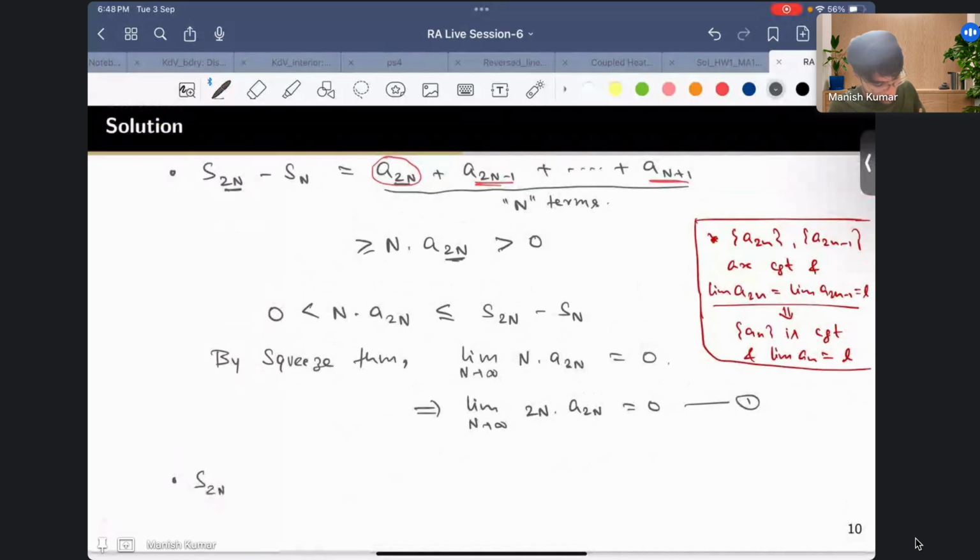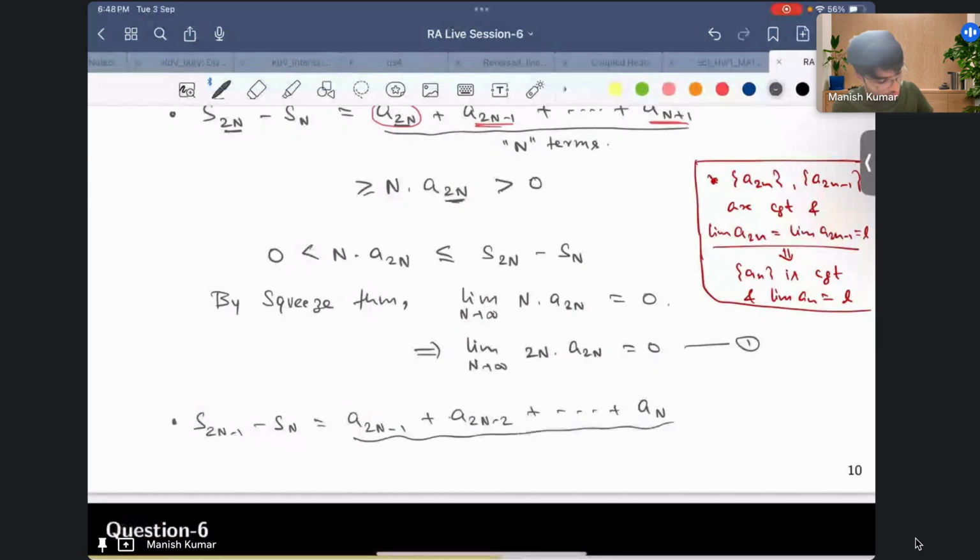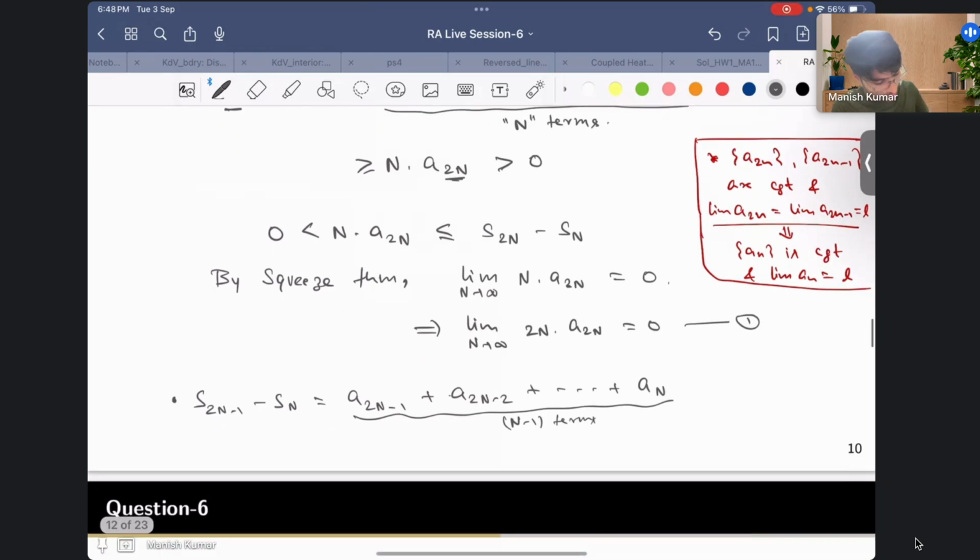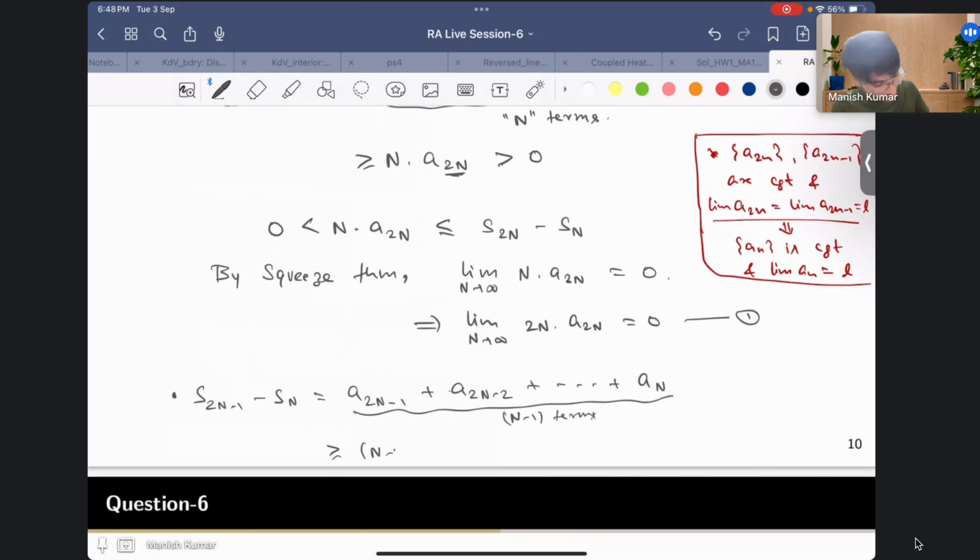So over here I'll do S_2n minus 1, and if I subtract S_n, what I get is a_2n minus 1 plus a_2n minus 2 plus up to a_n, right? Now I have n minus 1 terms. Now I can write this as n minus 1 times a_2n minus 1.